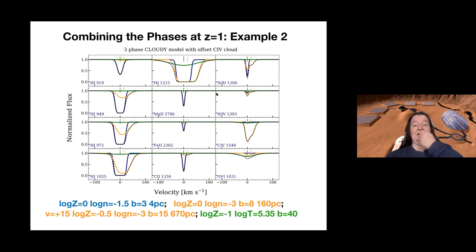Okay, let's add in another cloud. This time it's another C4 cloud, offset by 15 kilometers per second, which we often see. So these carbon 4 clouds are blending together and producing an asymmetric profile in the Lyman alpha. Again, something that we often see, as well as in these species. So the important point here is that we can constrain the metallicities for each of these by using little tricks in certain portions of the profiles, right?